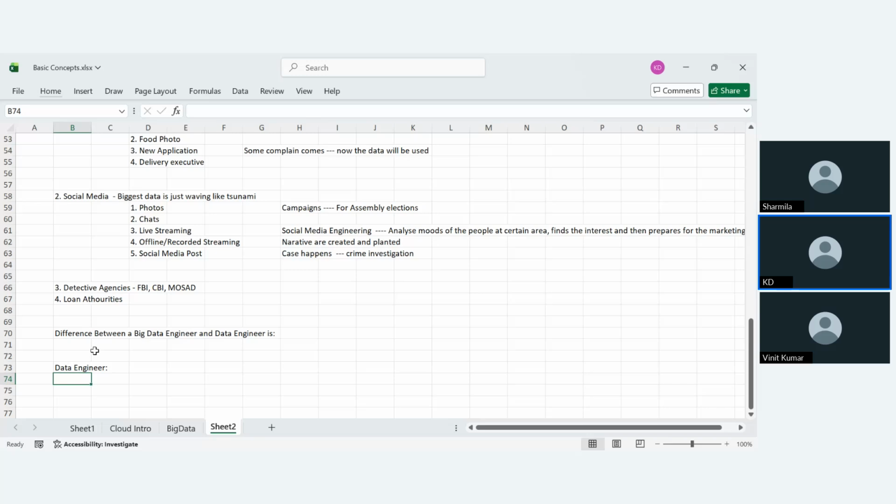At that point of time, how to handle that floody situation? You need to make an arrangement so that the orders can be delivered on time without any error, with maximum accuracy. At that point of time, the big data engineer's role becomes very important.